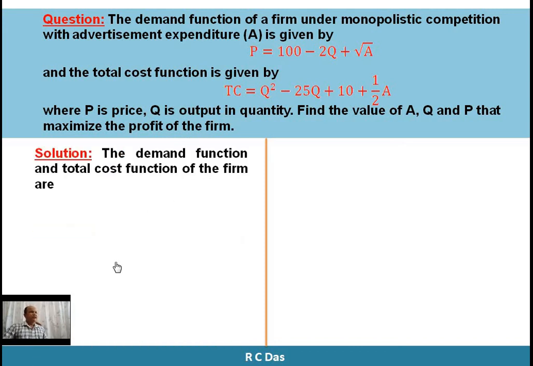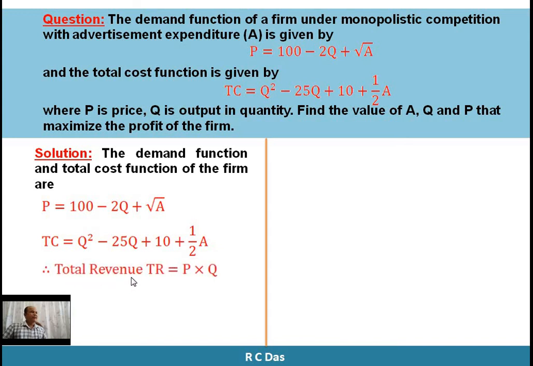Solution: the demand function and total cost function of the firm are P is equal to 100 minus twice Q plus root over A, TC is equal to Q square minus 25Q plus 10 plus 1 by 2A.